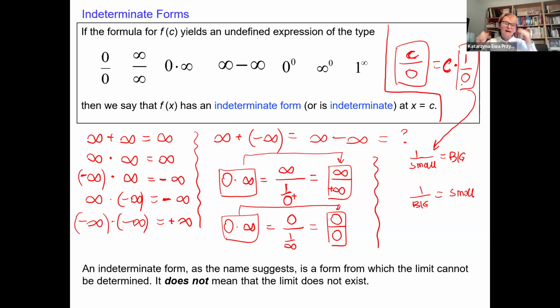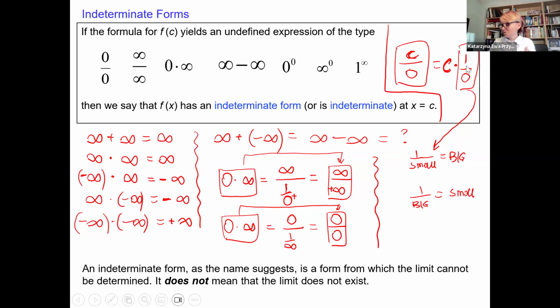And times a constant, it's still a big number. We only have to remember to adjust the algebra: whether the constant is positive or negative, or whether the small number is positive or negative. But constant over 0 is not indeterminate.